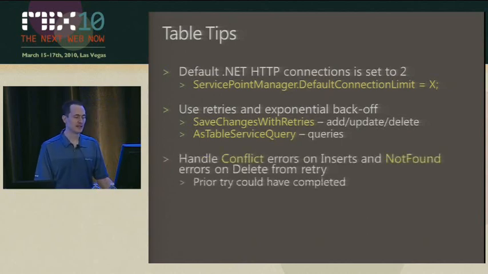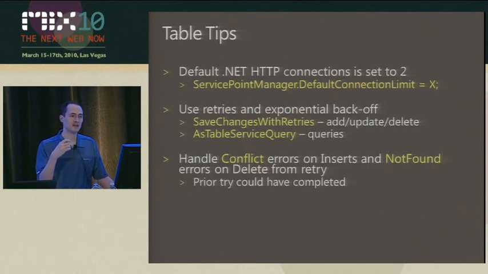Now, one interesting thing is that because of retries, when you do an insert of an entity or a delete of an entity, you might see this strange behavior where you know the entity was not there when you did the insert, or you know that it was there when you did the delete, but you get back a conflict or not found. So what happened? Well, with retries, the original request to the table service might have completed.